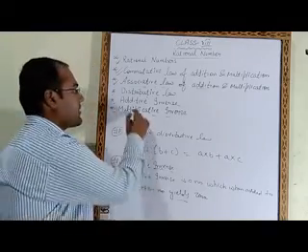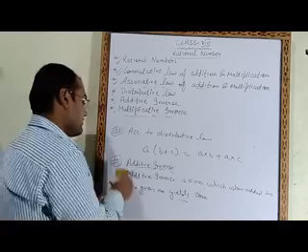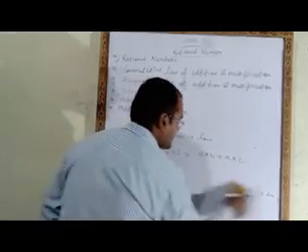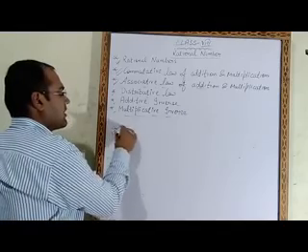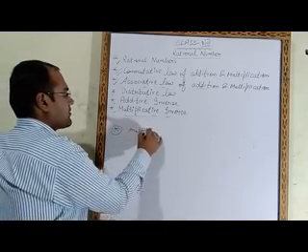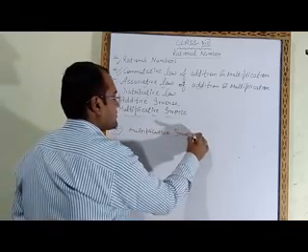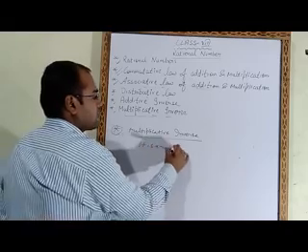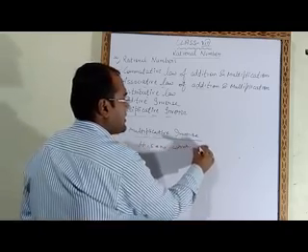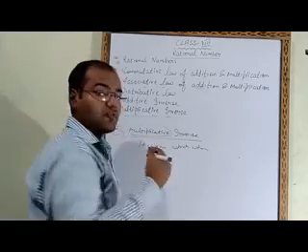In the same way multiplicative inverse is there, but in multiplicative inverse what you have to do? Next topic is multiplicative inverse. So what is multiplicative inverse? Here the multiply word is coming, so what you have to do here, you have to multiply.